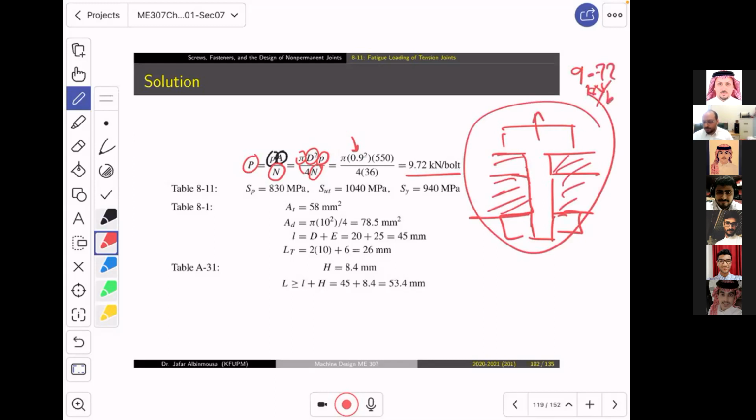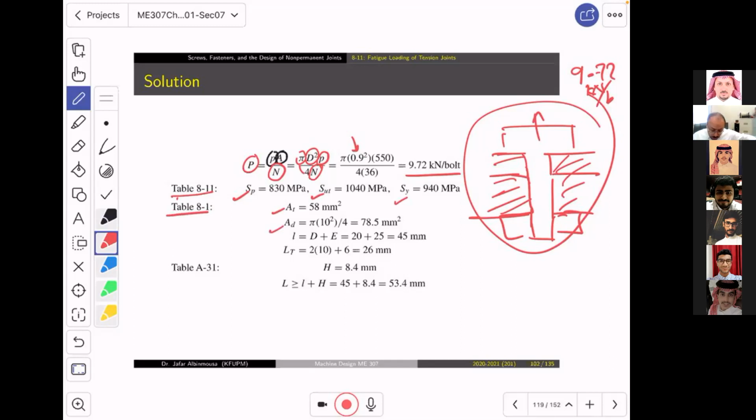Okay, that's it. Now, what is SP from, look, table 8.11. SP is 830 megapascal, SUT is 1040, and SY is 940. What is the tensile stress area from table 8.1? We know it. What is the diameter?